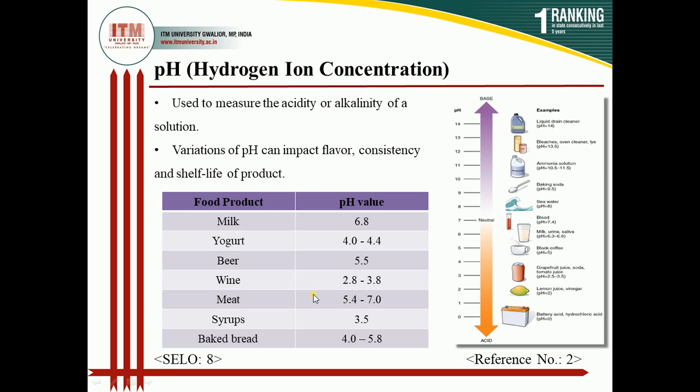The pH of wine is around 2.8 to 3.8, and if the pH exceeds 3.5 in wine, bacteria will attack the wine and it will degrade the taste. The pH of meat is around 5.4 to 7. The pH of baked bread is 4.0 to 5.8, and it will enhance the shelf life.